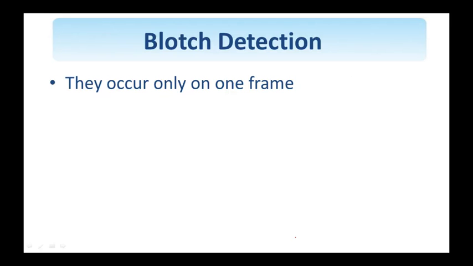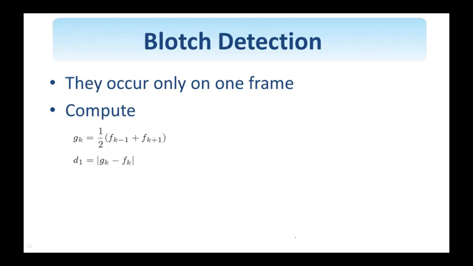We outline here a blotch detection algorithm that we utilized for the Fantasia animation movie. The assumption is that the blotches appear only in one frame. So the blotches are on the frame f of k, and an estimate of the frame f of k is obtained through g of k, which is the average of the next and the previous frame to f of k.